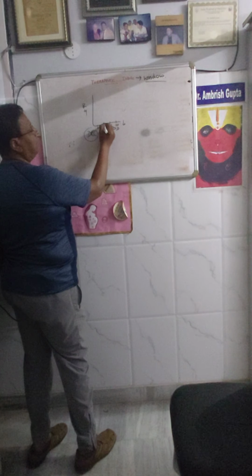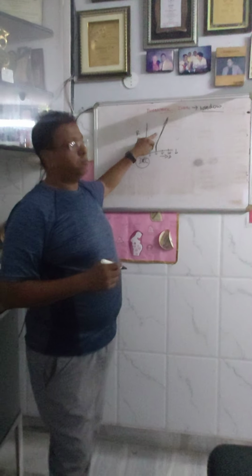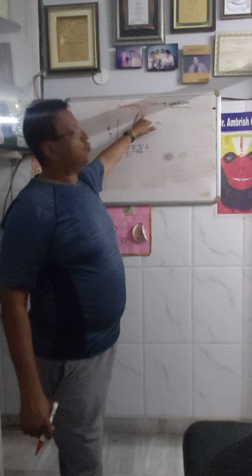Suppose a drug A gives a DRC like this. This is the dose response curve of drug A, where this is potency and this is efficacy. Minimum dose to produce a response is potency, and the dose which causes the maximum amount of effect is efficacy.